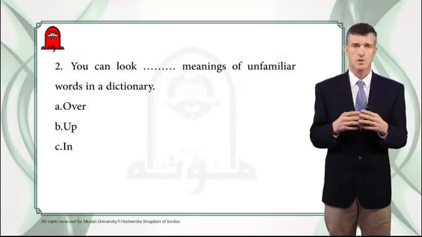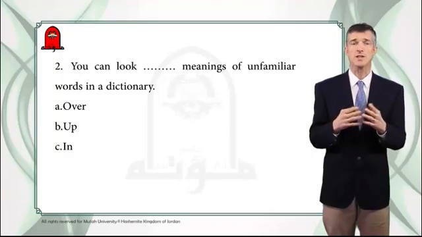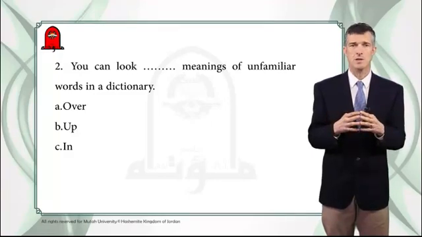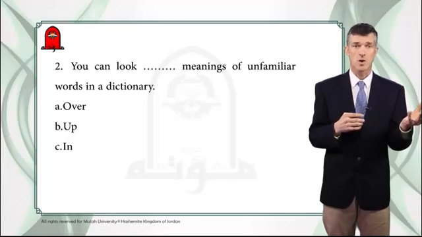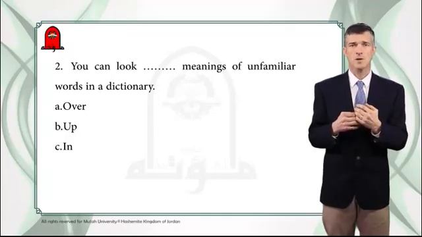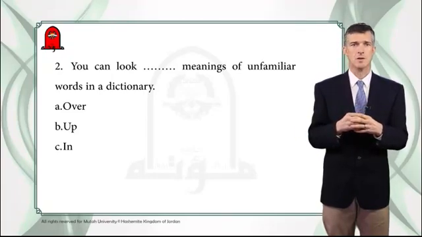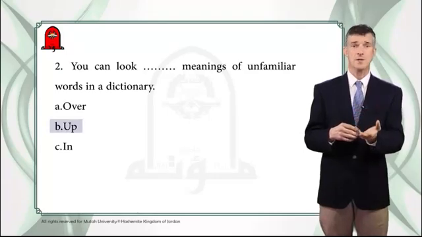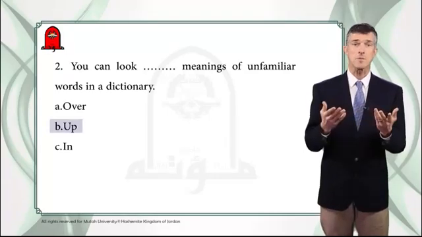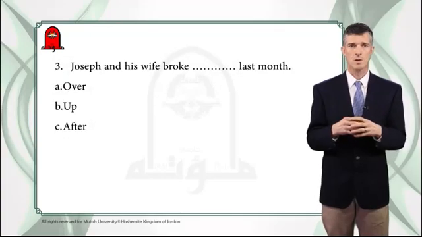2. You can look blank meanings of unfamiliar words in a dictionary. Is it A, over, B, up, or C, in? The answer is B. You can look up meanings of words. 3.